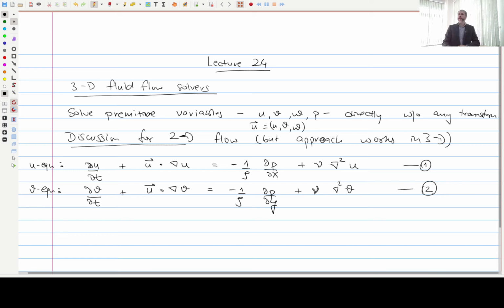Exactly. So we have an equation called the continuity equation. That's mass conservation, which is an indirect way to specify pressure, although that equation does not have any pressure in it. Still, that gives us a system of three equations and three unknowns. So the third one is the continuity equation.